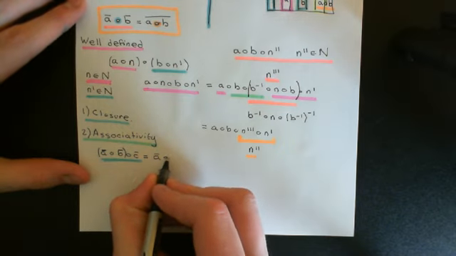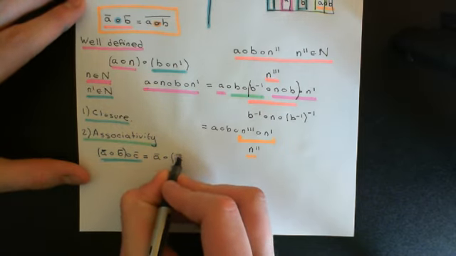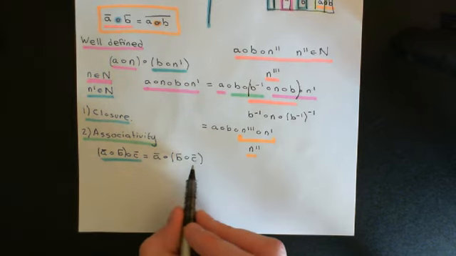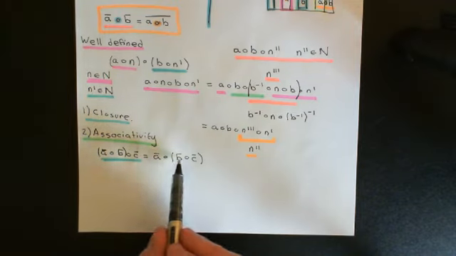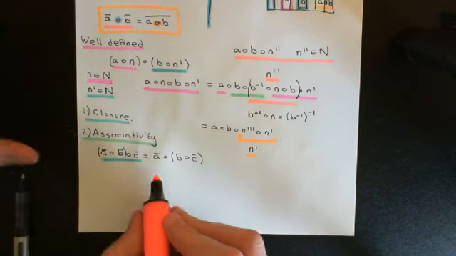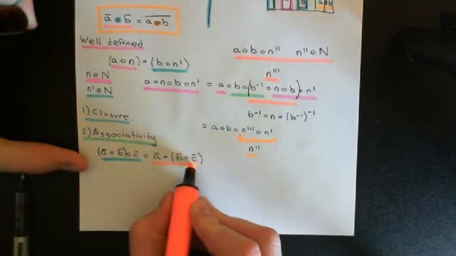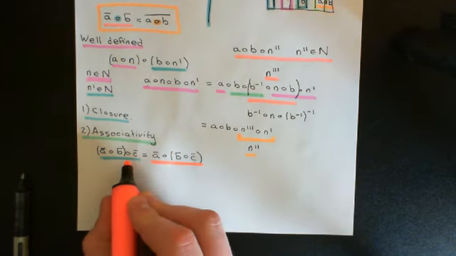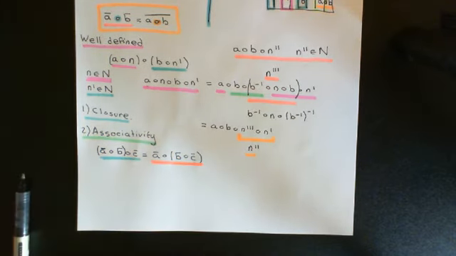So this is what we want to show, okay, that if you put the brackets around B bar composed with C bar like so, which now means firstly compose B bar with C bar with our composition law, and then take A bar and compose it with the answer to B bar composed with C bar, we want to show that whatever the answer to that is, it's the same as the answer here, and that that's true for all A bar, B bar, and C bar that you can pick, basically.